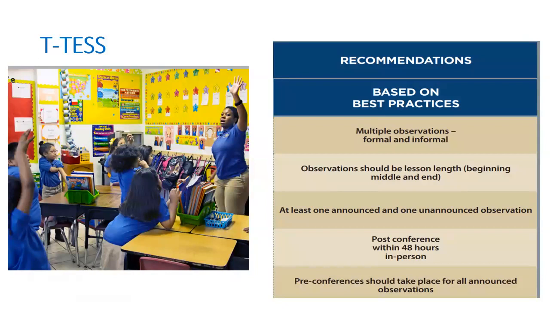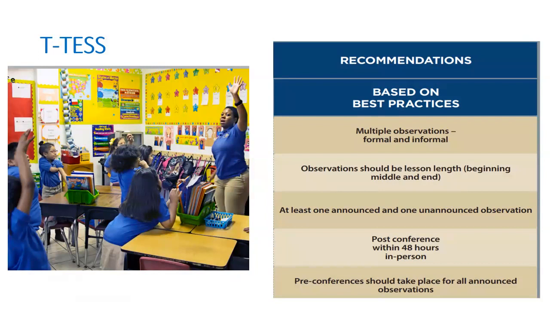As a reminder, the T-TEST Appraiser Handbook also outlines some recommended practices for districts to follow in order to implement a strong teacher observation system. Those recommended best practices are multiple observations, including both formal and informal, ensuring that the observation is a lesson length. That includes a beginning, middle, and end of a lesson.